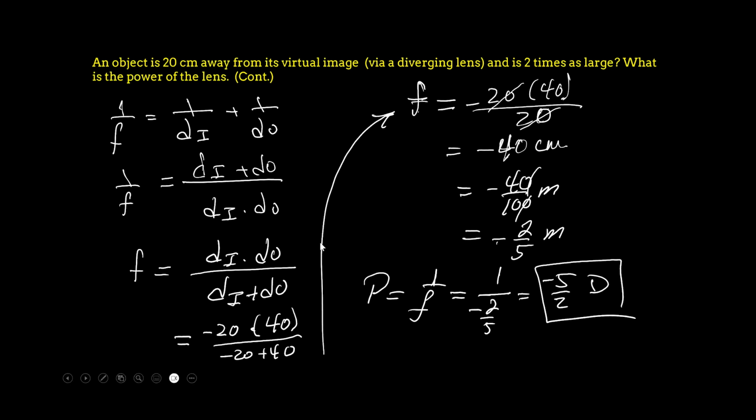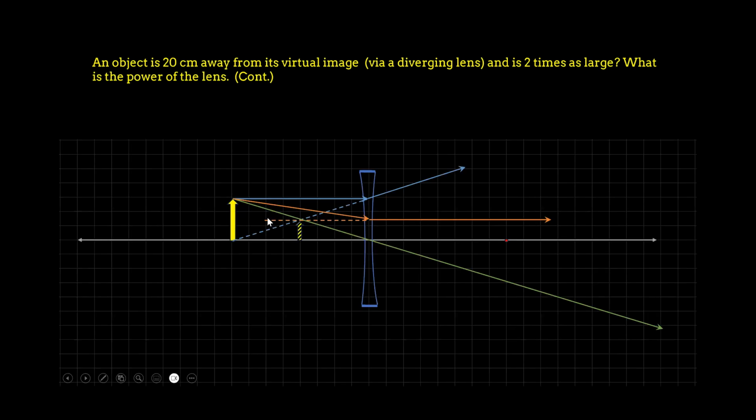Let's see the diagram right here. So 1, 2, 3, 4, 5, 6, 7, 8. I put the object and the focal point over here at 40 centimeters. And then I took a ray parallel. It diverged as if it's coming from the focal point, the near focal point.